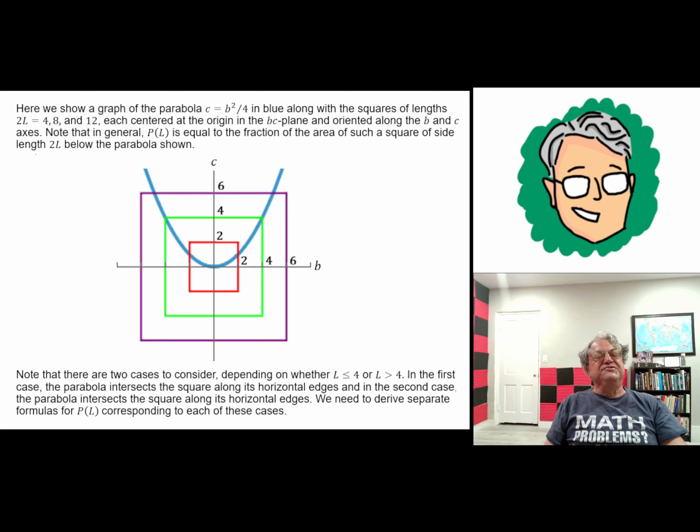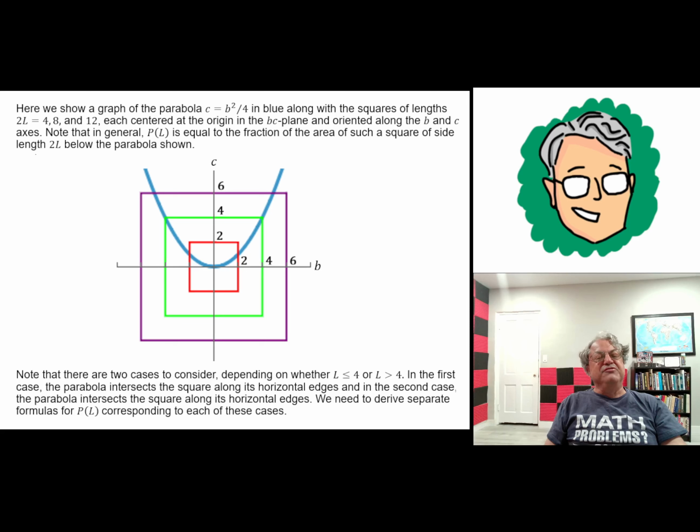If you look at the purple square here, you've got a rectangle going from the point where the parabola intersects the upper edge, and then you could just draw a vertical line down from that, and that gives you kind of a thin rectangle.